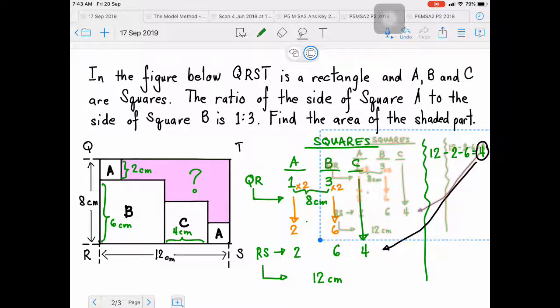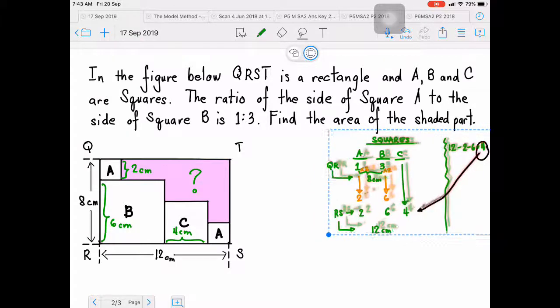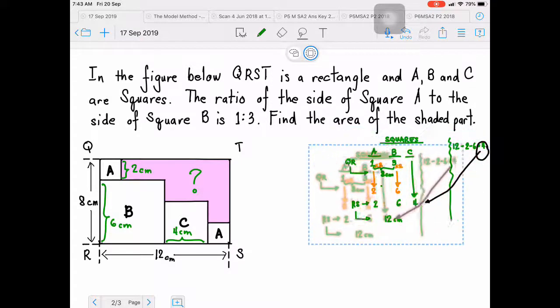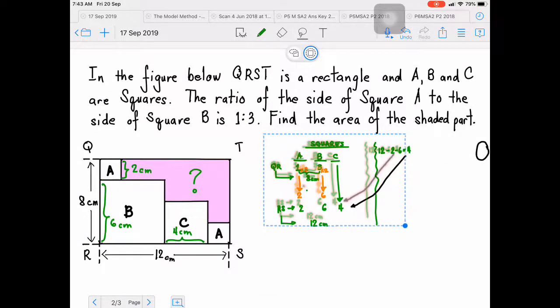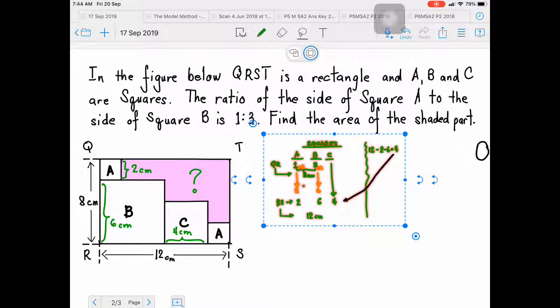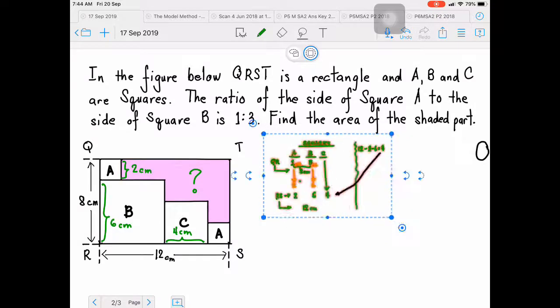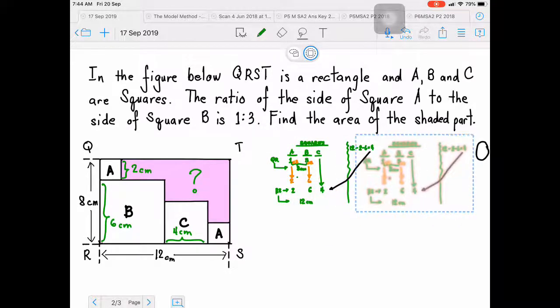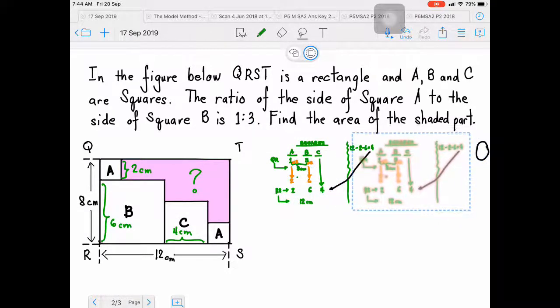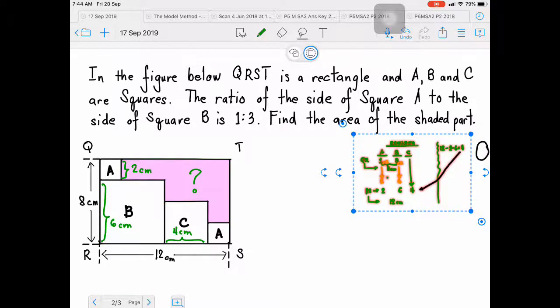Let's minimize it some more. There we go. Let's put it on the right side portion. Let's just drag it to the right side so we will have a space for our next working. Alright, there we go.